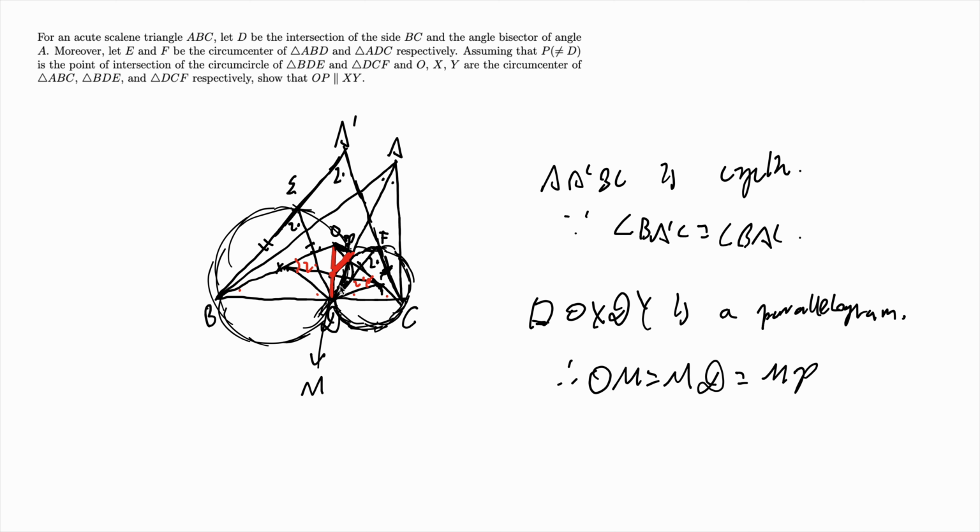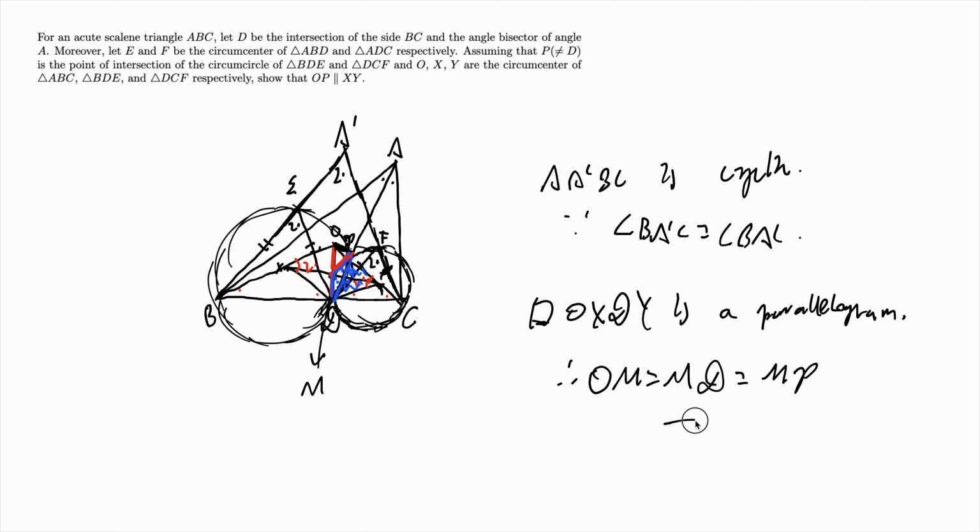So just connect this, then because PD is a radical axis, it should be 90 degrees. That means 90 degrees, 90 degrees, and SAS congruence for this one and this one. So we have this one equals this one. Therefore, we know this.